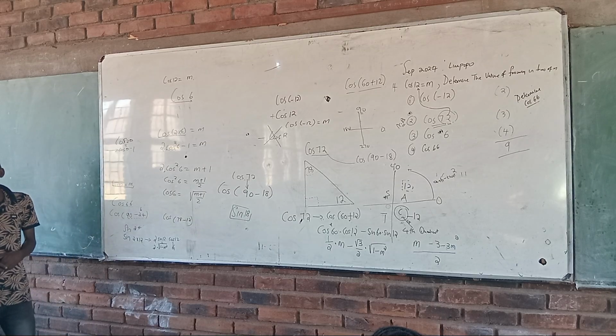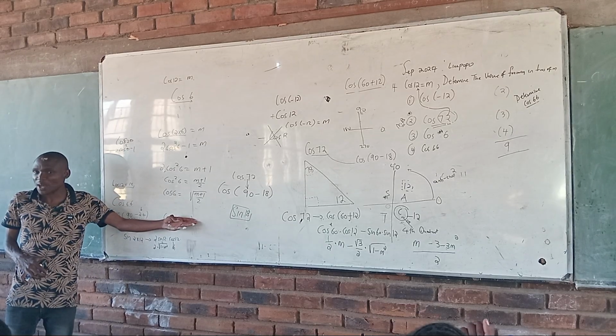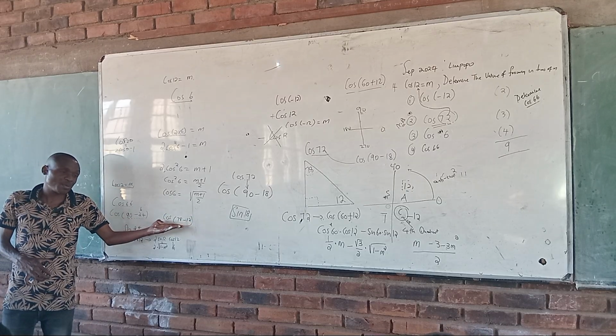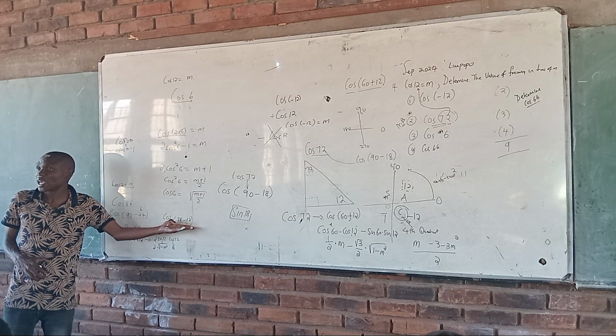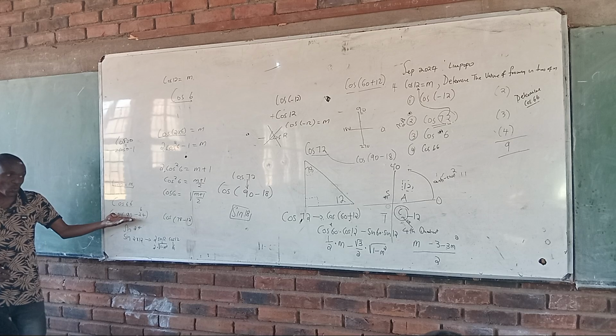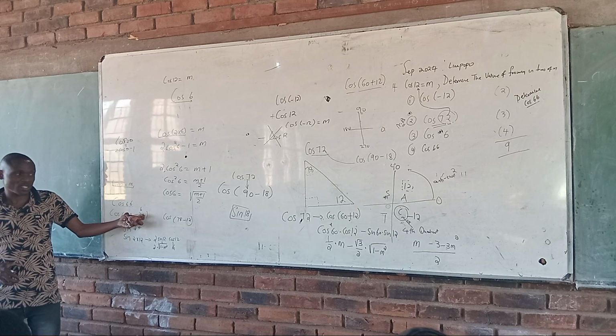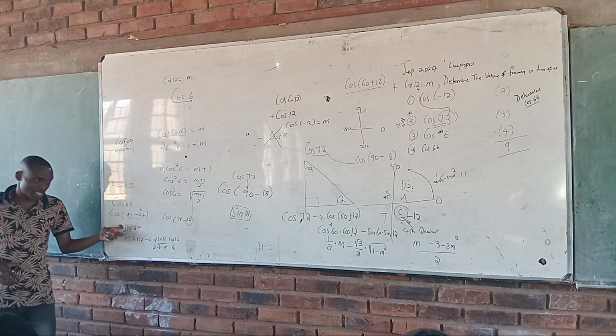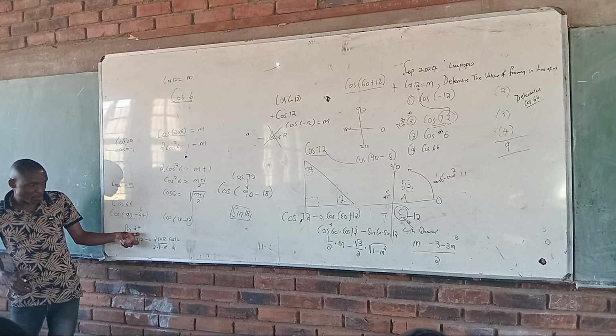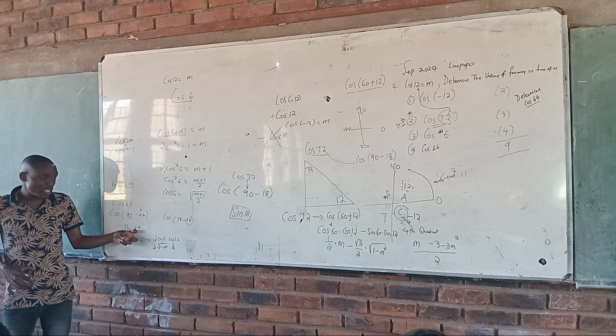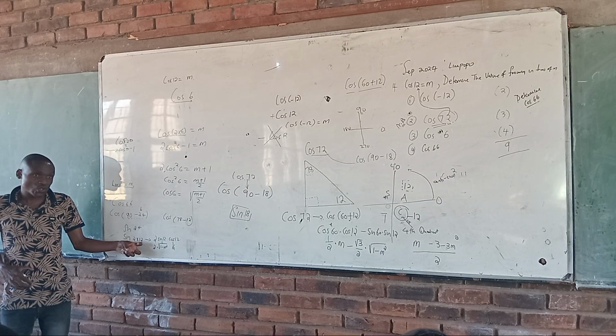So there were two ways. You can say 78 minus 12. So I prefer this one. 90 minus 24 is 66, which is the same as sine 24, which means that 24 is 2 times 12.